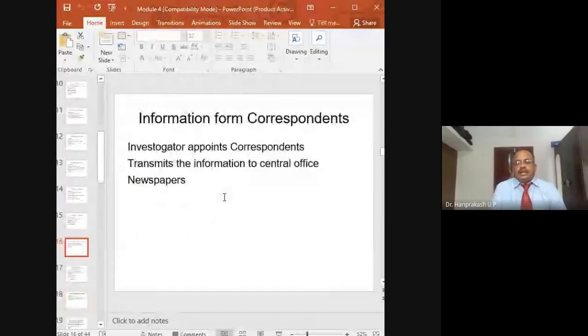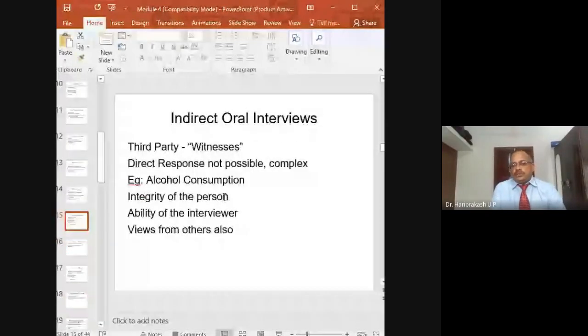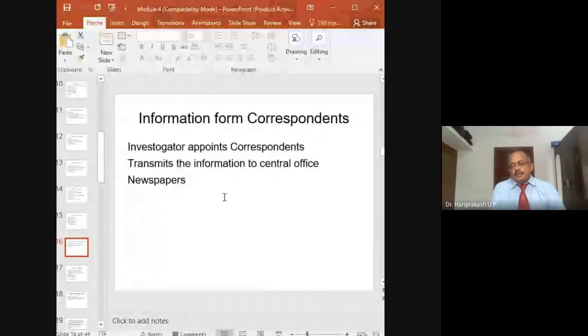One more is there, information from the correspondence. Some correspondents may be adopted to collect the data, and this correspondent transmits the information that is collected to the central office. Normally a newspaper collects the news that will be published in newspapers through correspondents, reporters, right?